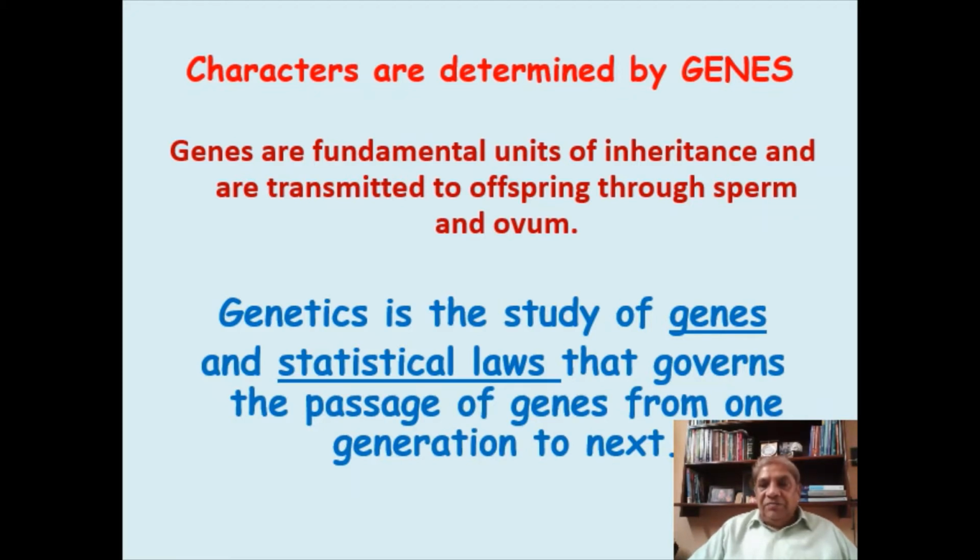In the offspring, they have come because of the union of the ovum from the mother and sperm from the father. This process of fertilization has taken place by the fusion of the ovum and the sperm.